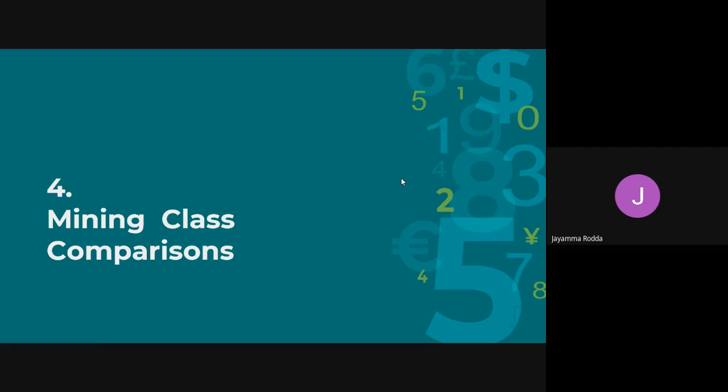He doesn't require only a single class. He needs comparison between different classes because in that way he can improvise the data.